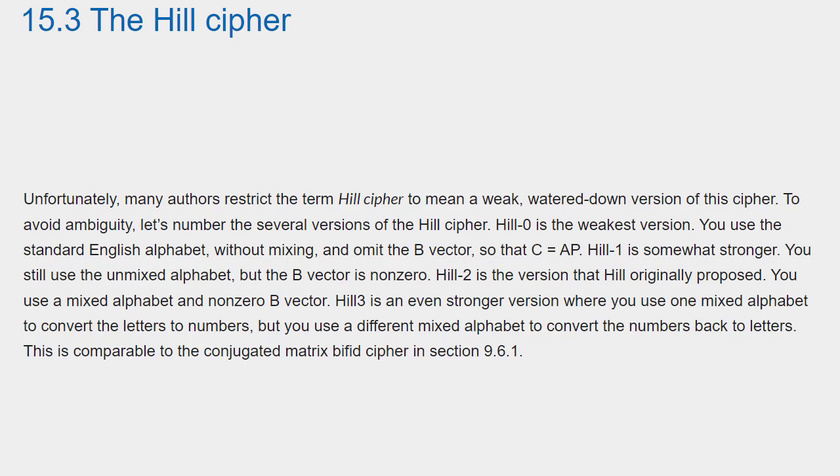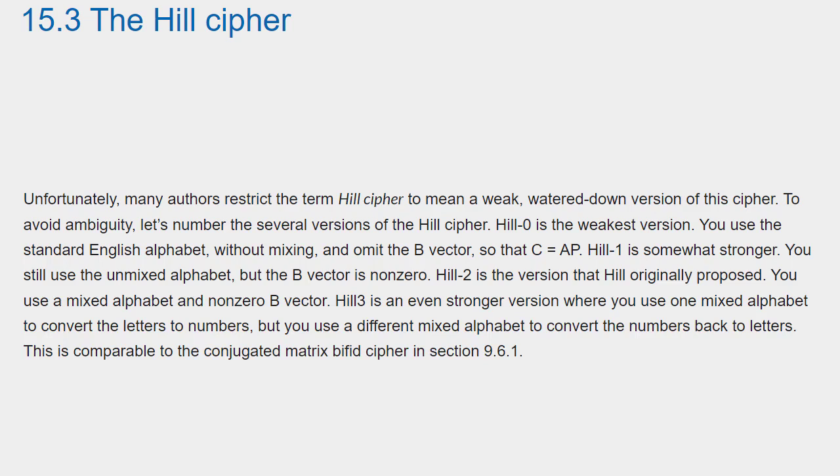Unfortunately, many authors restrict the term Hill cipher to mean a weak, watered-down version of this cipher. To avoid ambiguity, let's number the several versions of the Hill cipher. Hill 0 is the weakest version. You use the standard English alphabet without mixing and omit the B vector so that C = AP. Hill 1 is somewhat stronger. You still use the unmixed alphabet, but the B vector is non-zero.